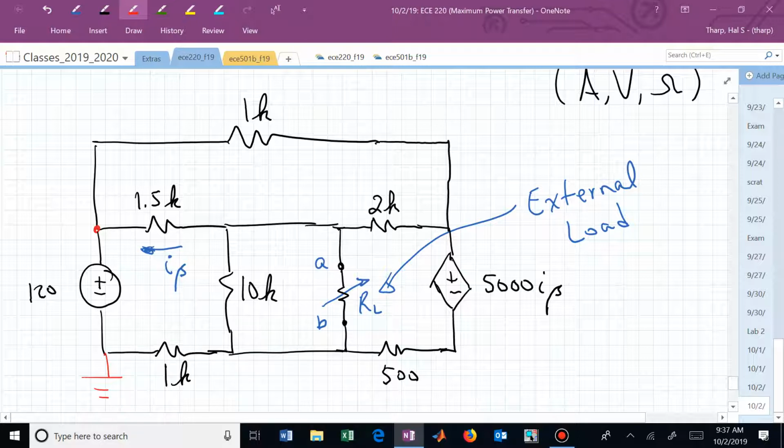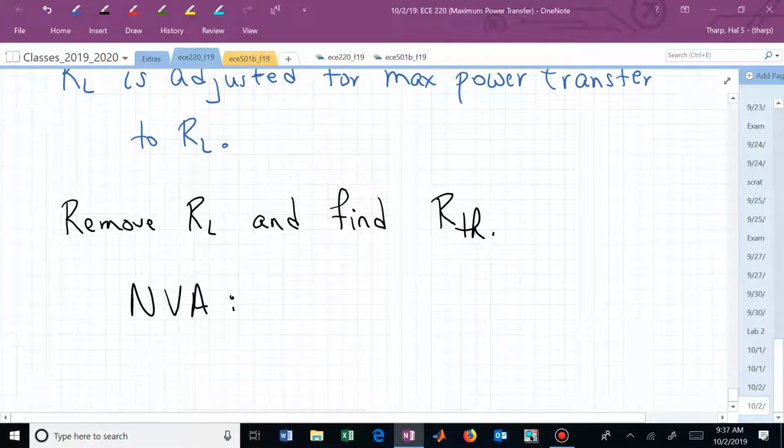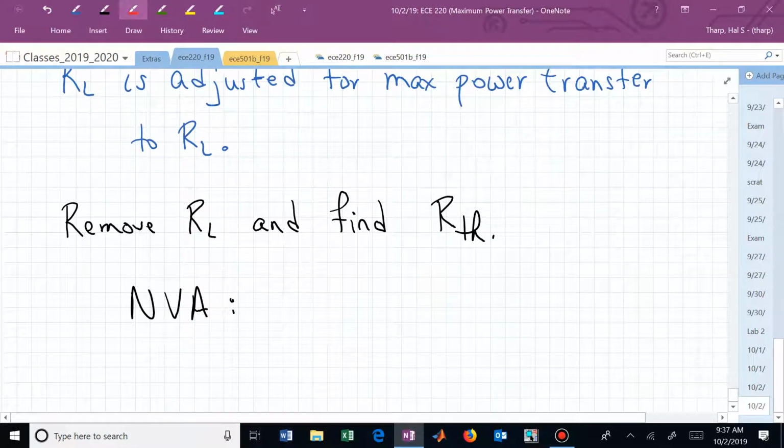Remember, we've removed AB, so all of those are the same node. Here's a node, and here's a node. So we do have 3 unknown node voltages to solve for if we did node voltage analysis.